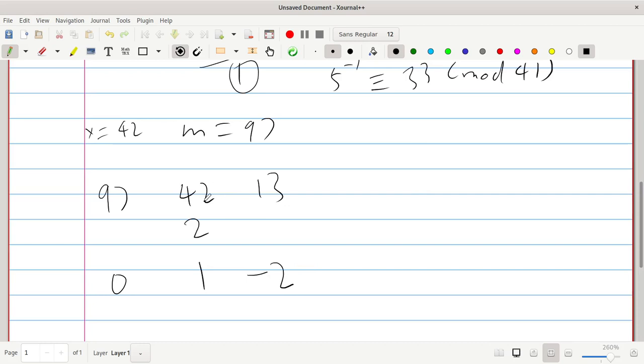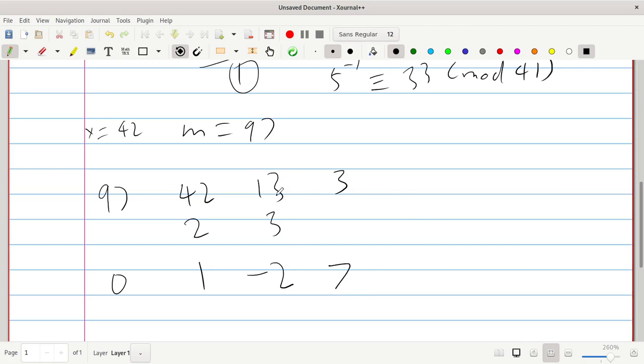And then we do 42 divided by 13, so the quotient is 3. 3 times 13 is 39, so the remainder is 3. And then we do 1 minus 3 times negative 2. 3 times negative 2 is negative 6. 1 minus negative 6 is 1 plus 6, which is 7.